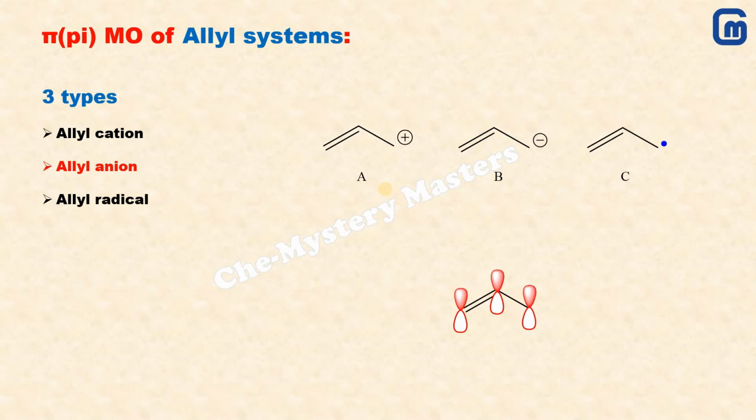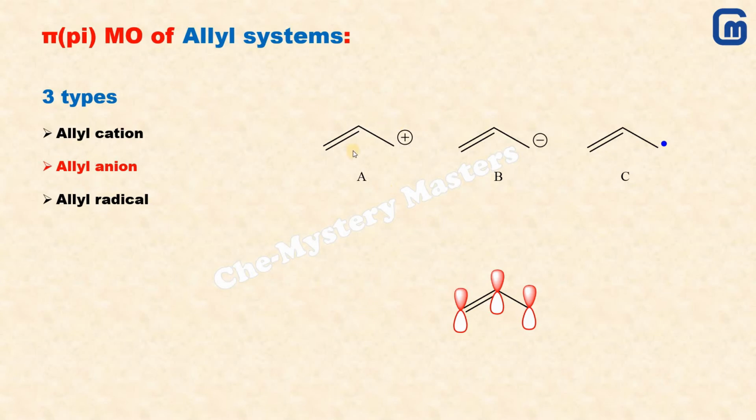Not only this, molecules in which there is a charge along with the double bond, or you can say along with the unsaturation, can also be taken into consideration for the formation of pi molecular orbitals. That's why in allyl, overall there will be three carbons whose atomic orbitals will combine for the formation of molecular orbitals.